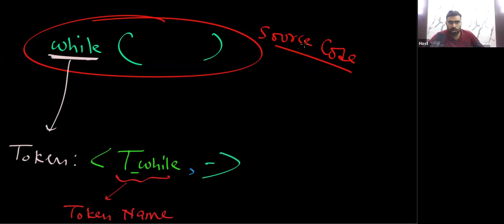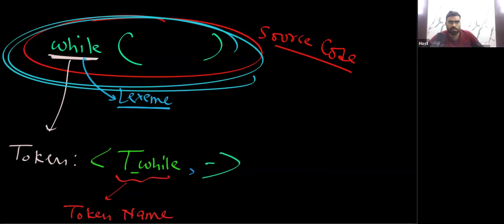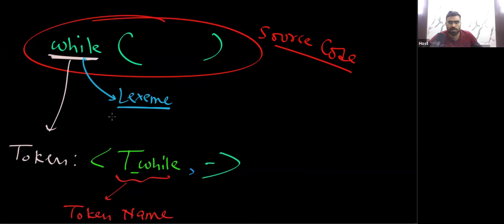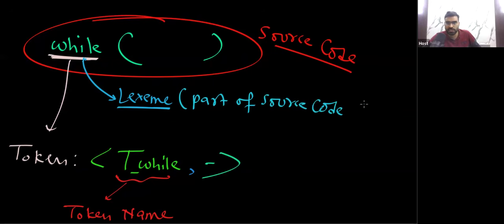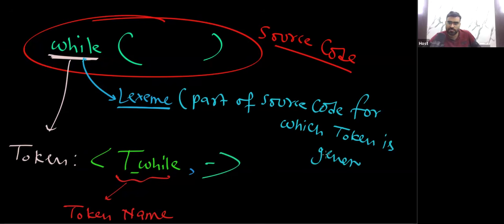Now, the part of source code for which you have generated the token is called a lexeme. Is this clear? So what is a lexeme? A lexeme is part of the source code for which you have generated the token. Please understand, this is part of source code for which a token is generated.